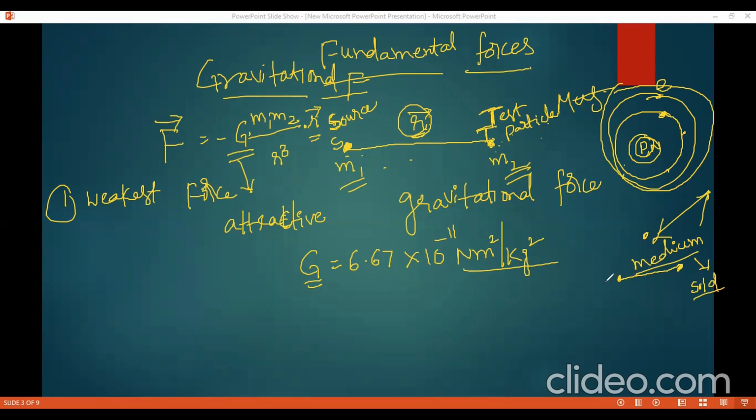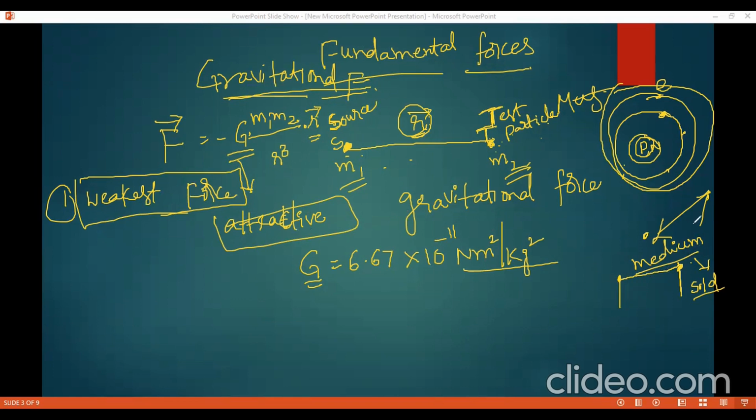The force between the two particles is independent of the nature of the medium between them, whether solid, liquid, or gas, whatever it may be. The gravitational field exists, and it is the weakest force and it is always attractive. The properties never change, whatever the medium.